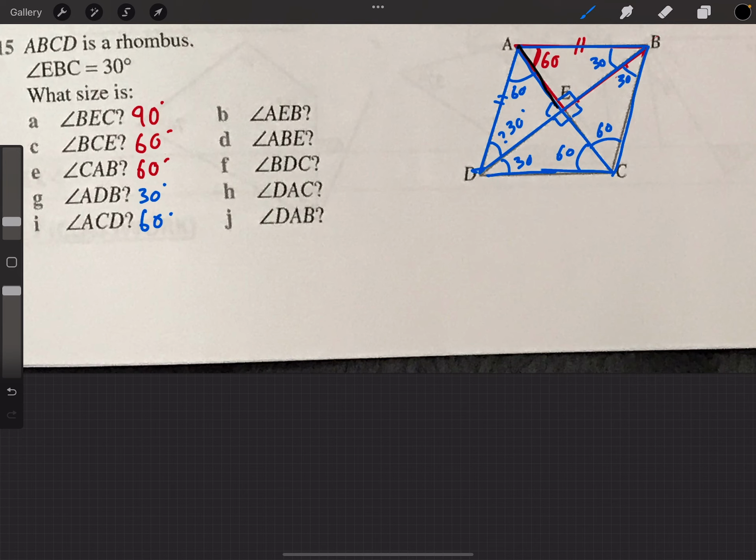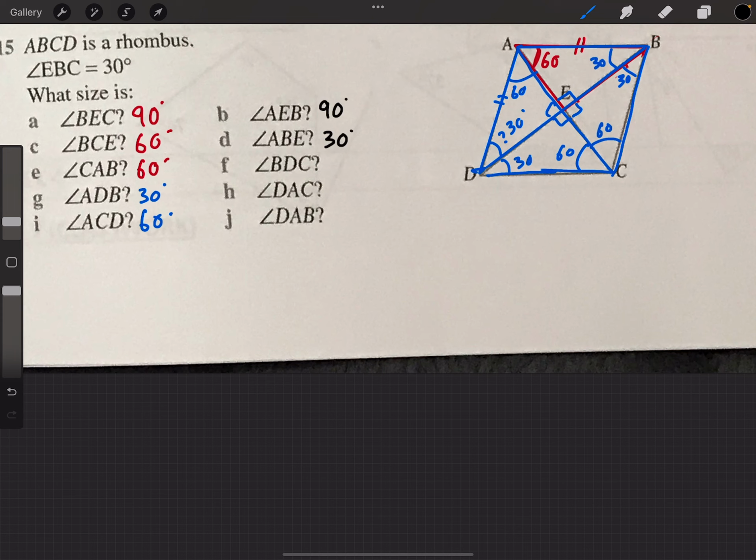So this angle here, AEB, that's 90 degrees. Now ABE, that's 30, you can see it from there, that's 30 degrees.